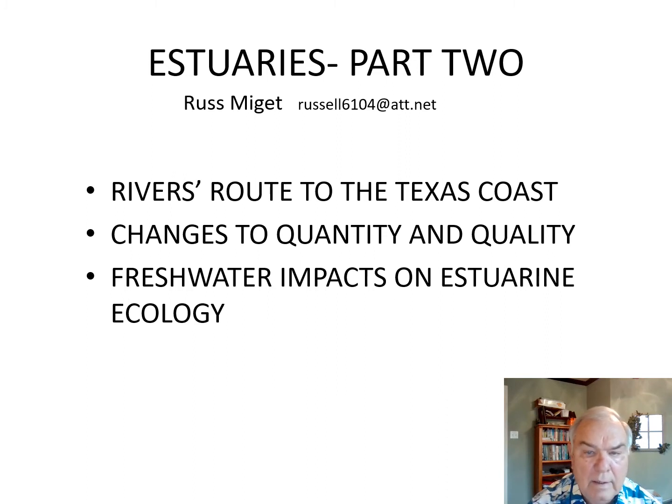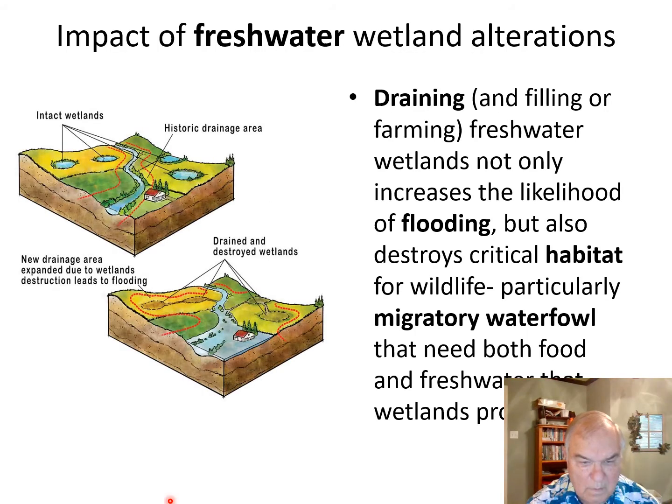We're also going to introduce the freshwater impacts on estuarine ecology. We're going to talk a little bit about the alterations in freshwater upland before the water ever gets to the estuary along the coast.